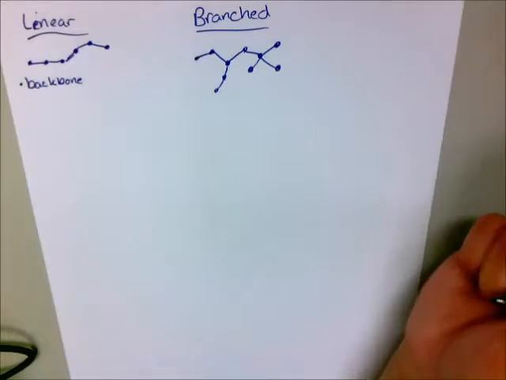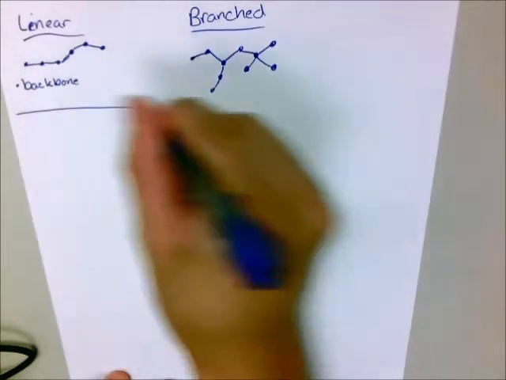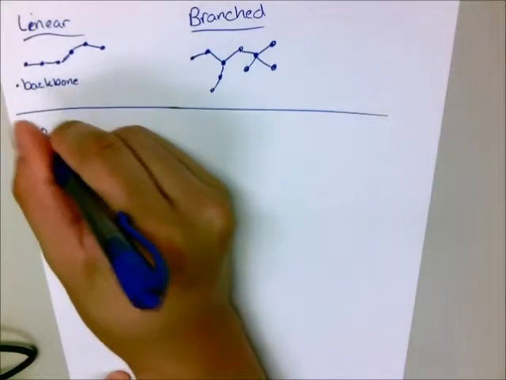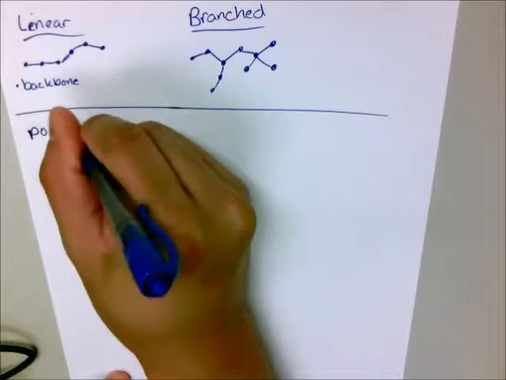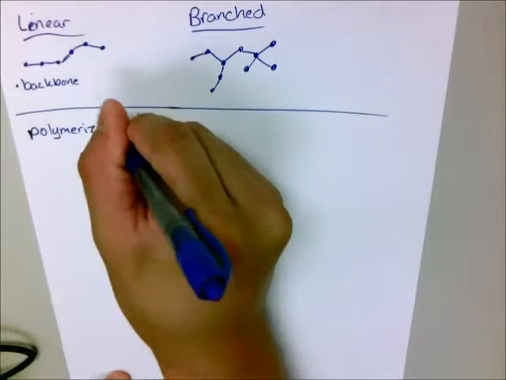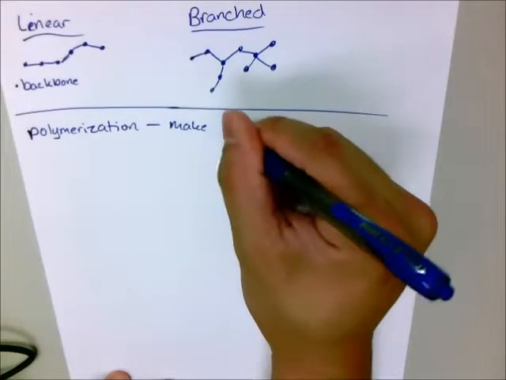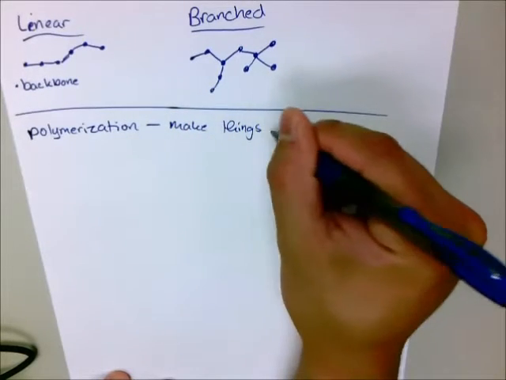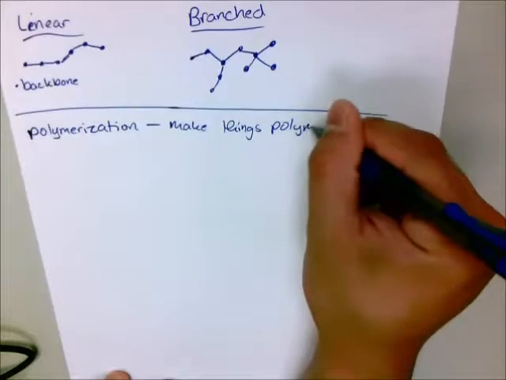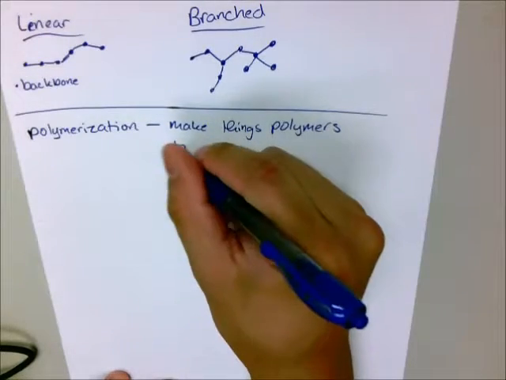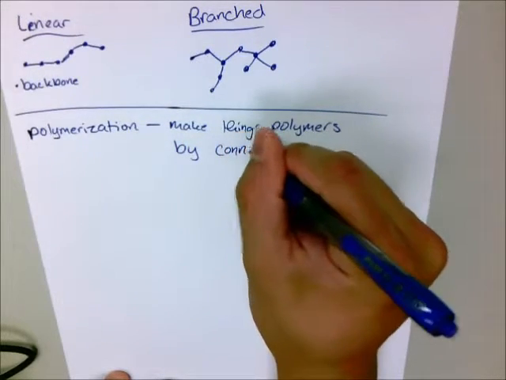All right. So when you put things together, it's called polymerization. So polymerization means to make things polymers. All right, and you make things polymers by connecting them together. So you make things polymers by connecting monomers.